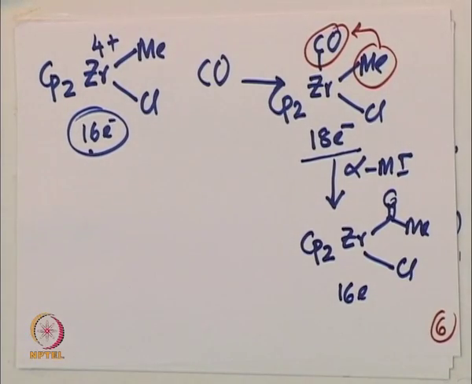Now, one thing to notice here is why this 18 electron species, the first intermediate, will undergo the migratory insertion. In this case, the 18 electron species is specifically undergoing migratory insertion because you do not have a d electron. It is a d0 species.